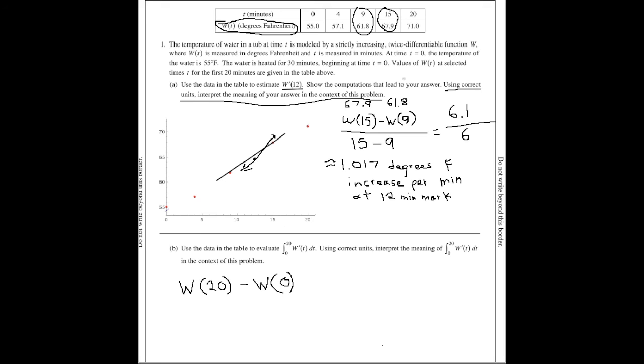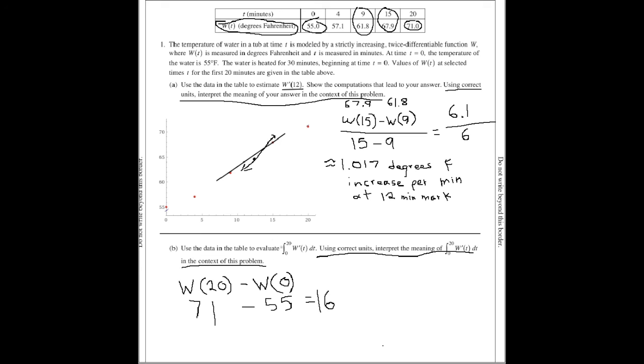We do have our data up here. The function evaluated at 20 is going to be 71, and evaluated at 0, 55, which gives us 16.